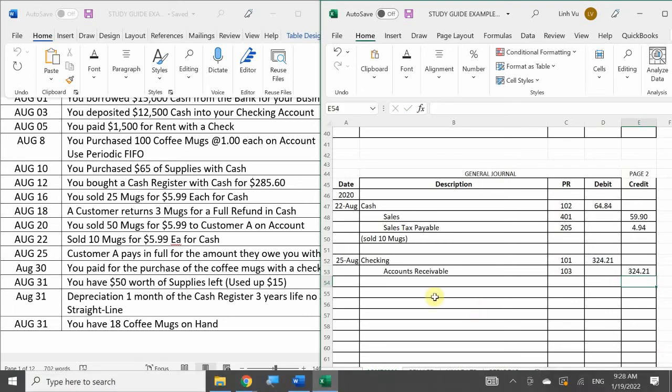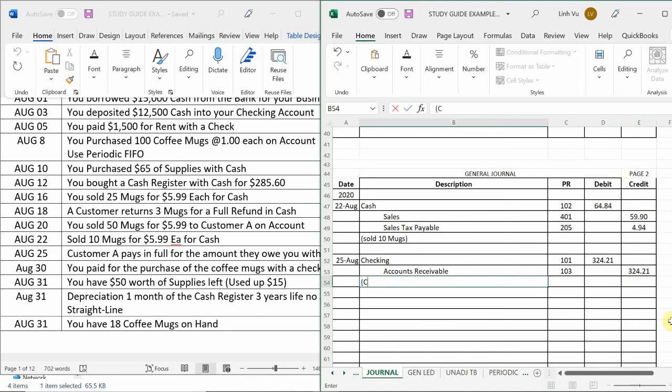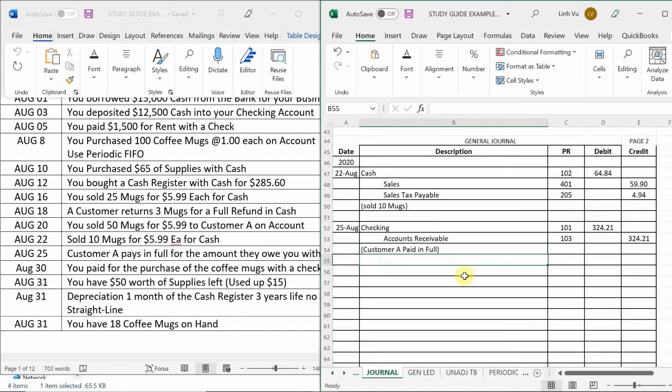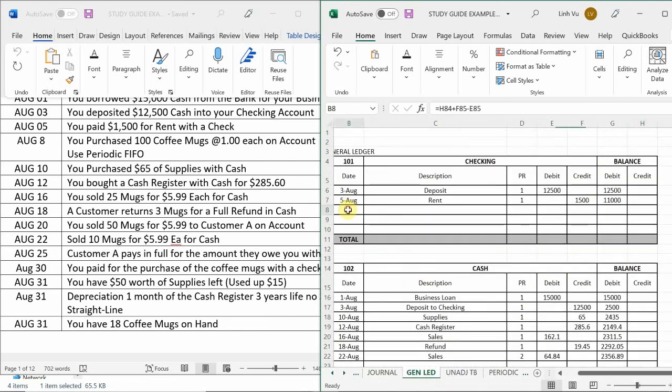All right. And then here, customer A paid in full. That means I need to go to my checking account, and on the 25th, received a check from customer A for $324.21.